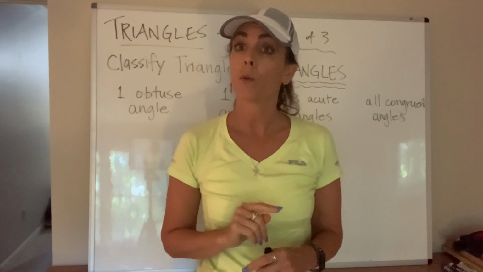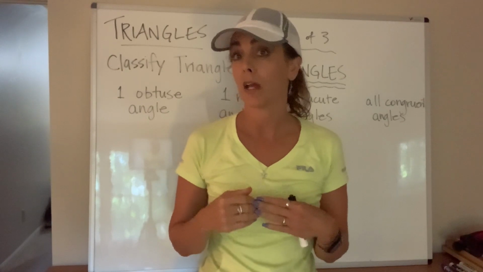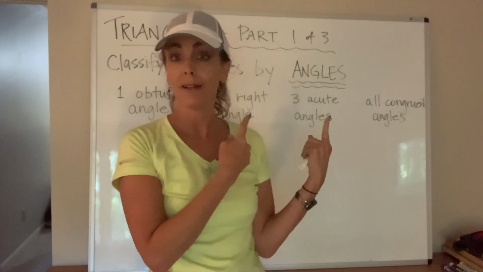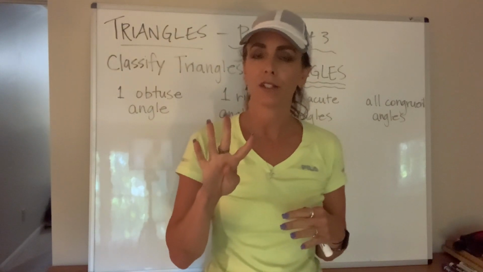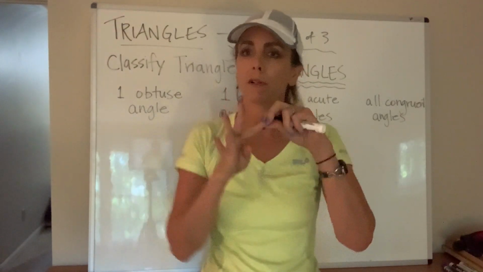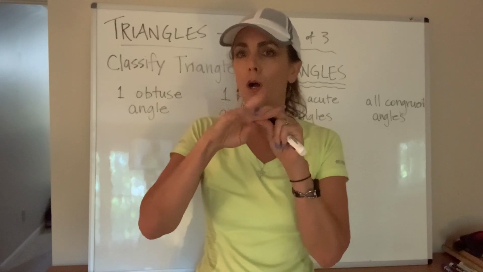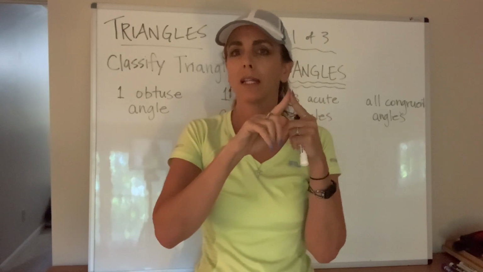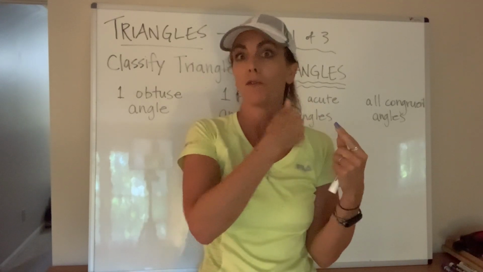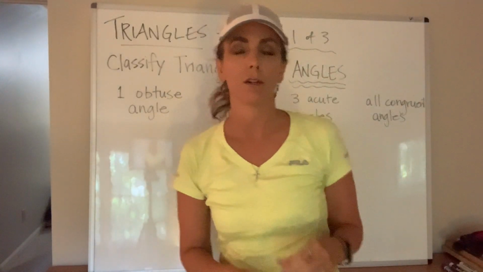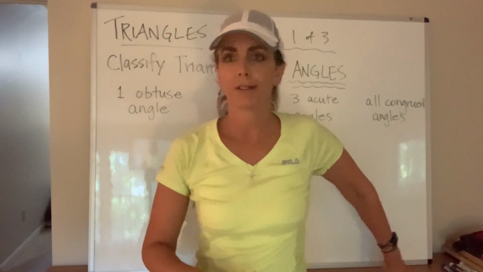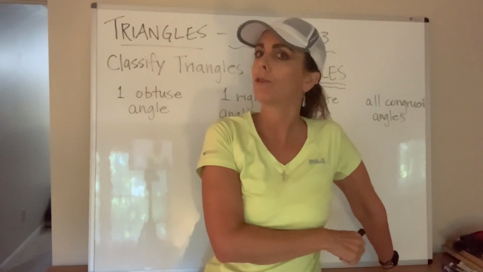Remember, we can also classify triangles by their angles. There are four different classifications, and there's actually 3 plus 1. These three will all be different, and then this one is actually a subset of one of the other ones. So if you have one obtuse angle, here's a trick question: can you make a triangle with two obtuse angles?